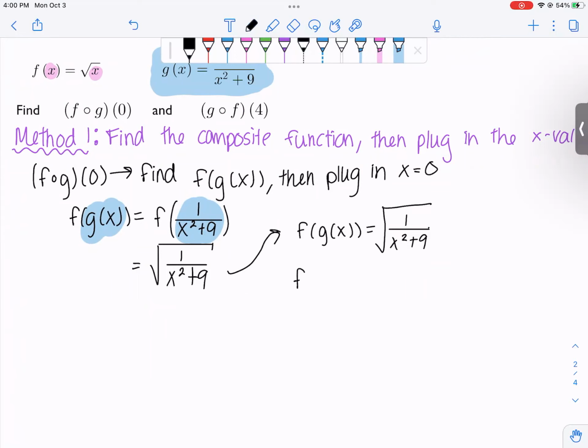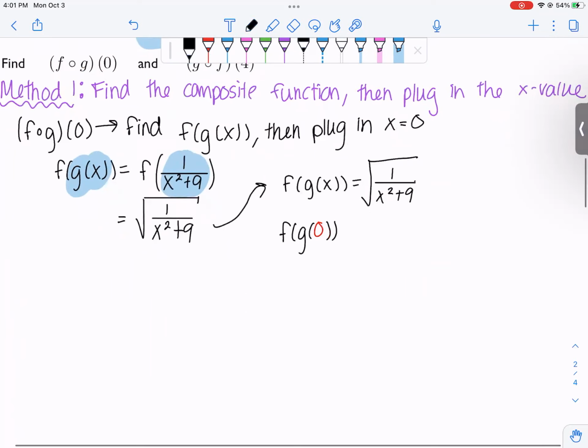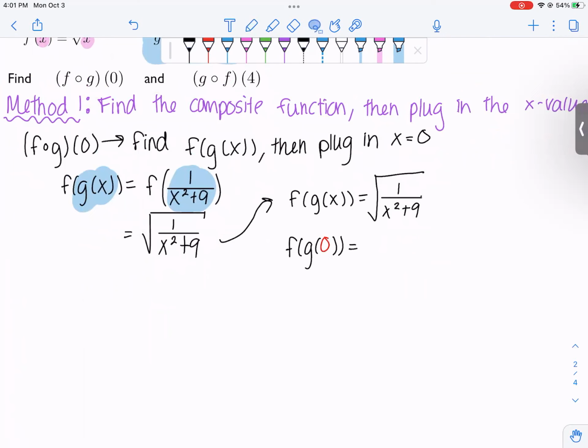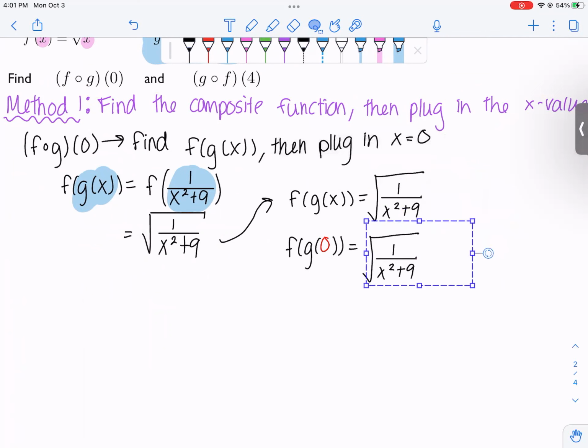In particular, f of g of 0, which is f composed with g of 0, is equal to this thing, but plugging in 0 instead of x. So instead of an x down there, it's a 0.